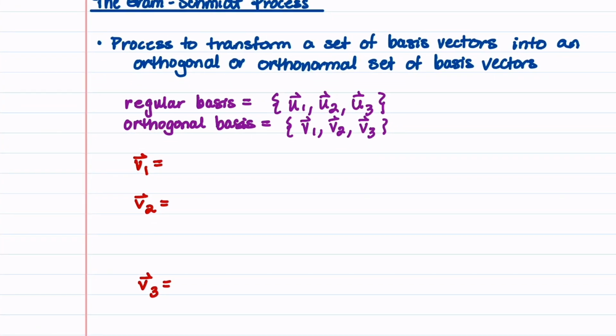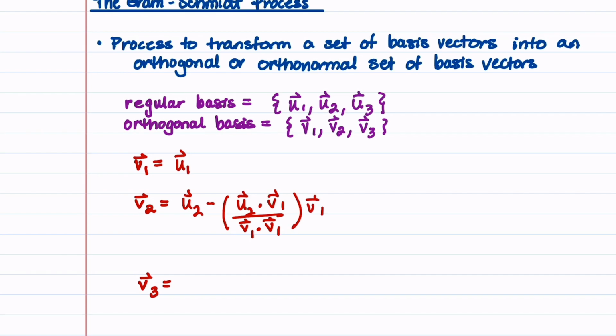We choose our first orthogonal vector v1 to be equal to u1. And then we're going to make v2 orthogonal to v1. The way that we do that is we set it equal to u2 minus u2 dotted with v1 divided by v1 dot v1 times v1.